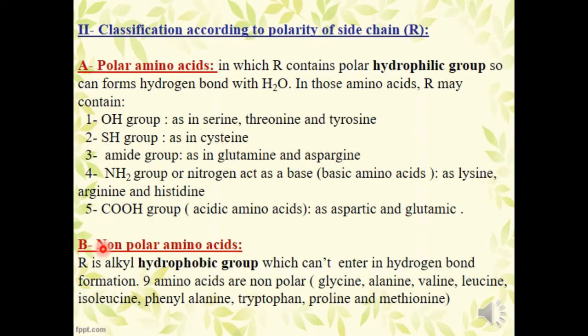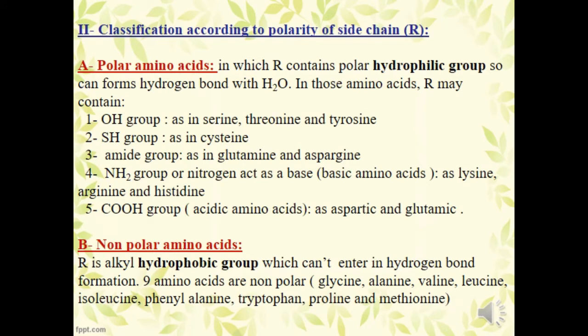Next, we move on to the non-polar amino acids. Based on the name, of course, the side chain R is a hydrophobic group, meaning it cannot form hydrogen bonds. There are 9 amino acids that are non-polar: glycine, alanine, valine, leucine, isoleucine, phenylalanine, tryptophan, proline, and methionine.